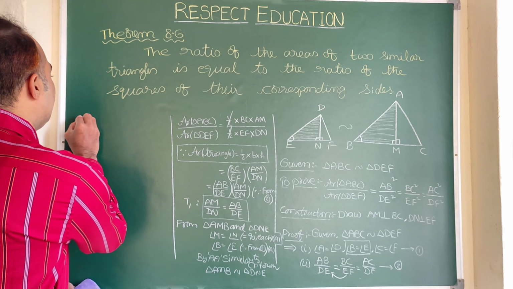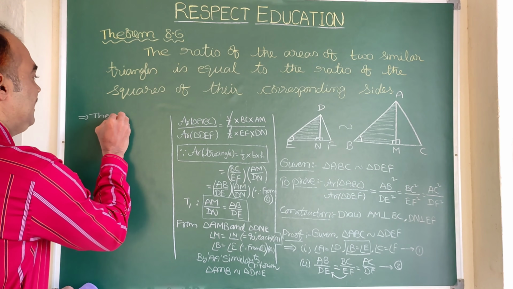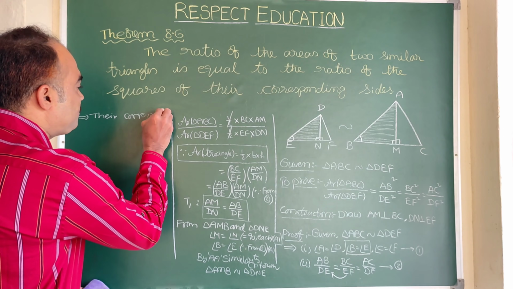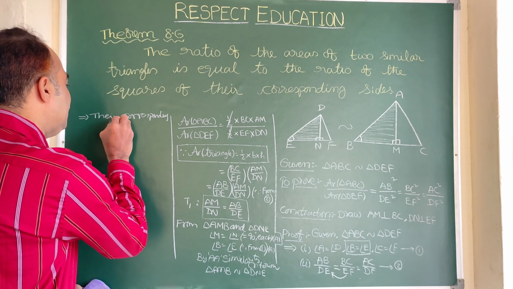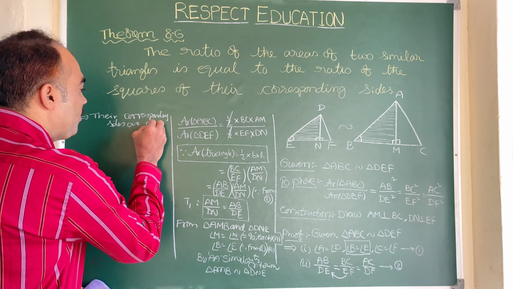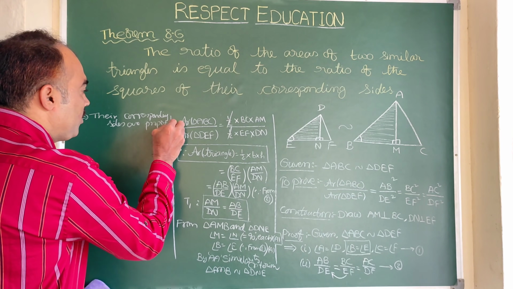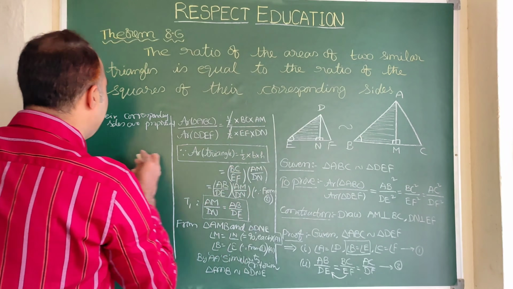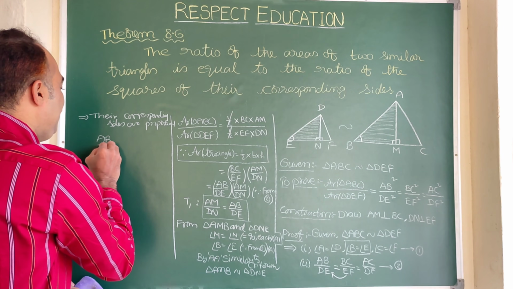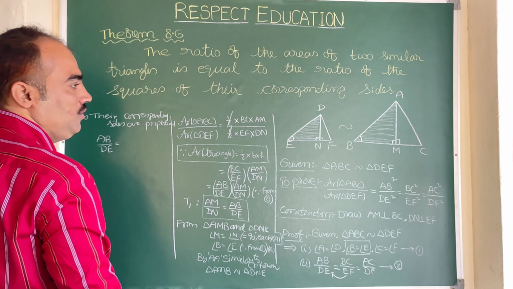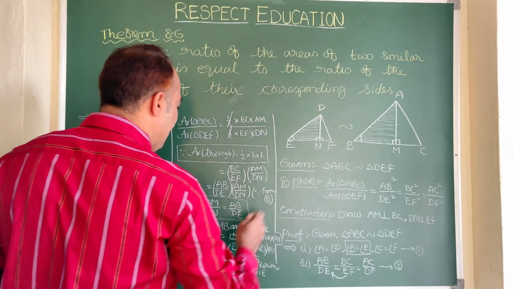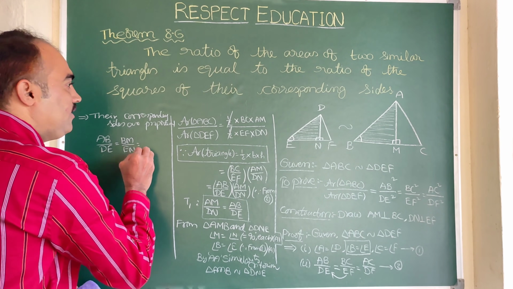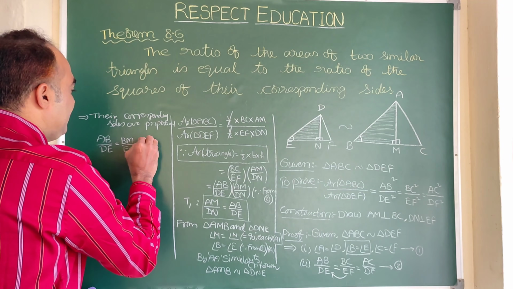So we can take the corresponding sides: AB by DE is equal to BM by EN, is equal to AM by DN.